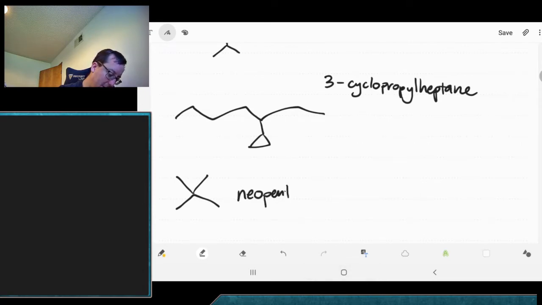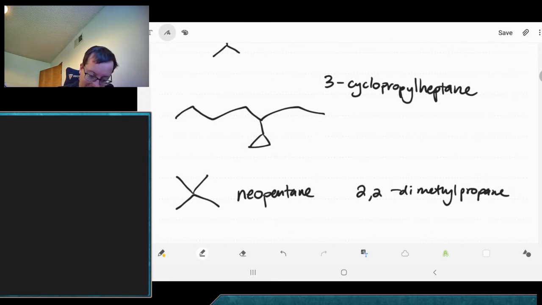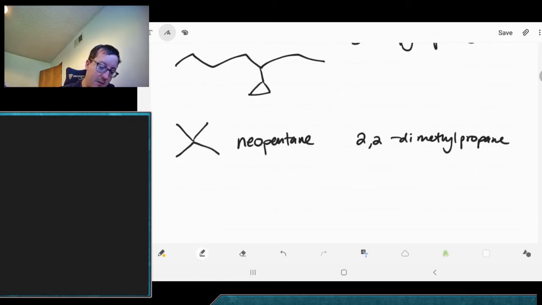This name is no longer used. Now we would just call this 2,2-dimethylpropane. Or if we were really smartasses about it, we could just say dimethylpropane, because there's no other places those methyls could be except carbons 2 and 2. Either of these are fine.